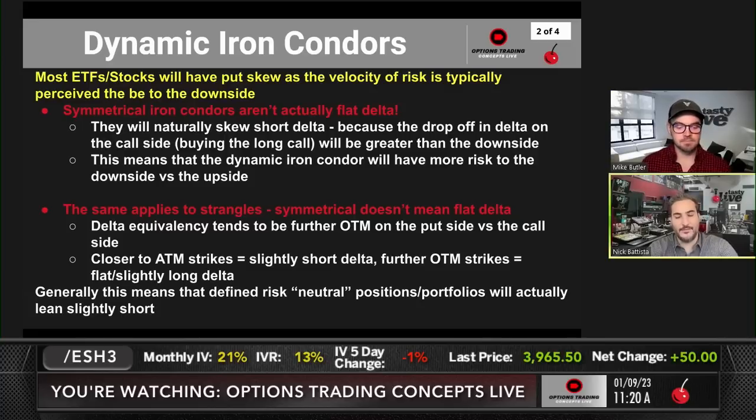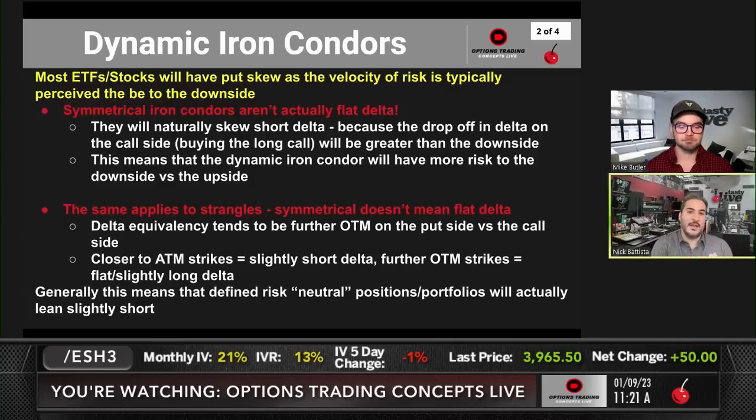Yeah, and for those undefined risk positions, it's kind of the same idea. The symmetrical distance away from the stock doesn't necessarily mean flat delta. Your deltas for closer at the money options are going to be much closer than those further out of the money options.